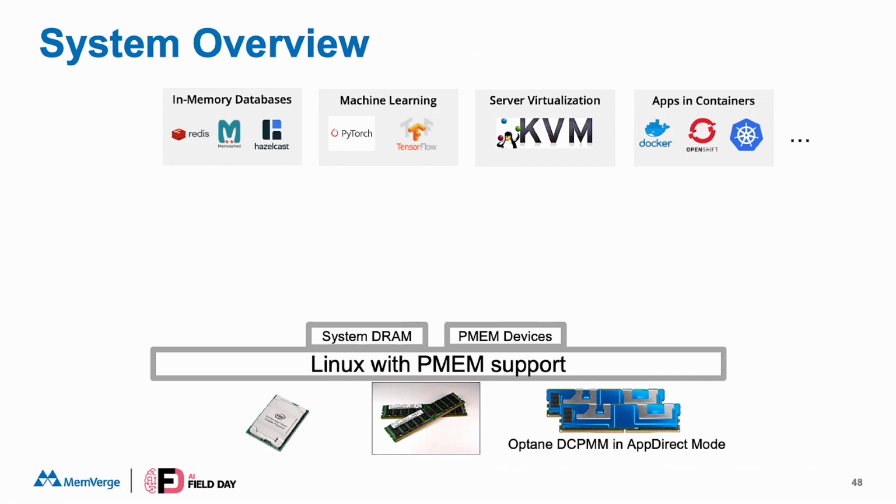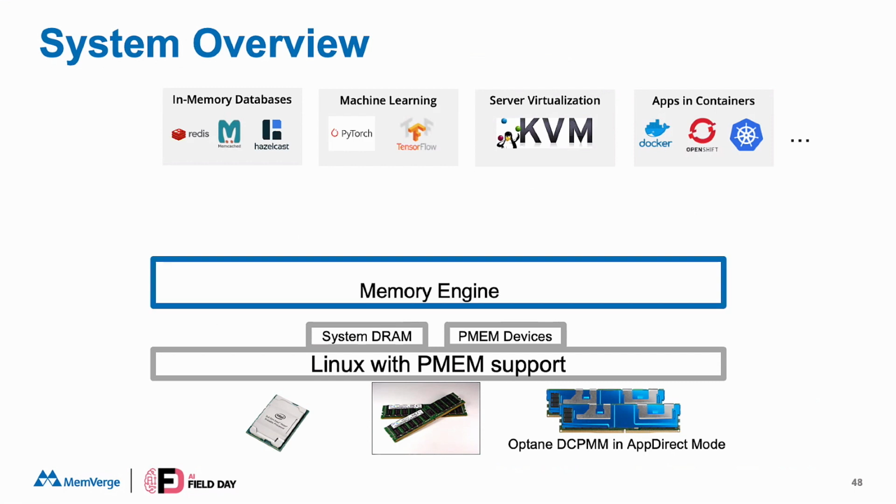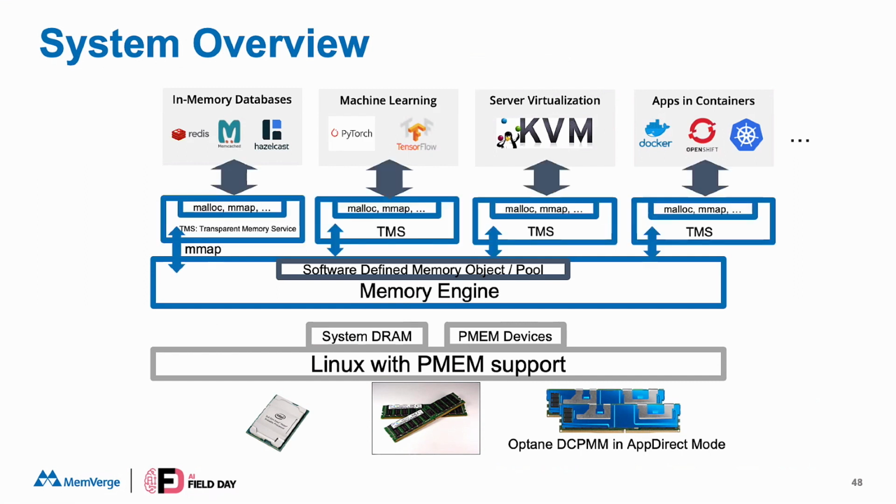So with these resources, we build our memory machine, and we have a memory engine, which is the core of our data path that essentially creates a software-defined memory pool that basically virtualizes the DRAM resources and the PMEM devices. And then inside the pool, there are many memory objects, and these memory objects will be directly mapped to the user space applications.